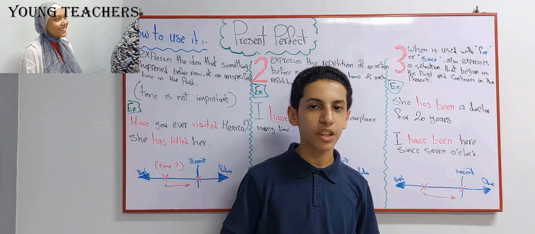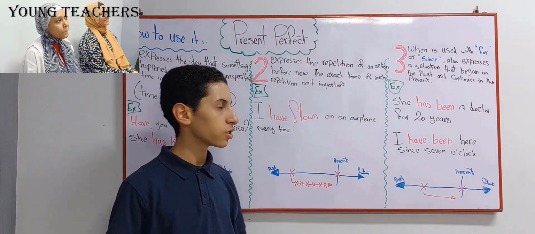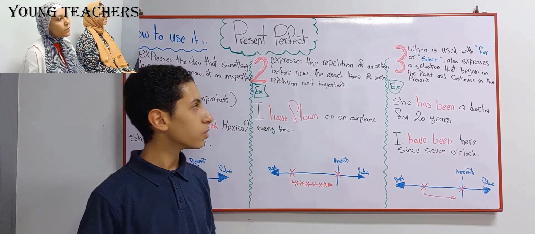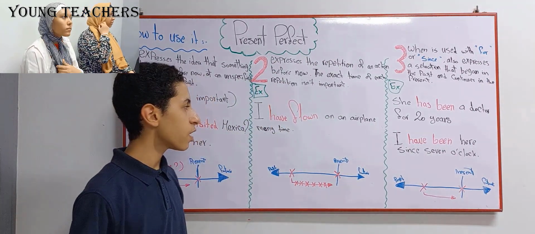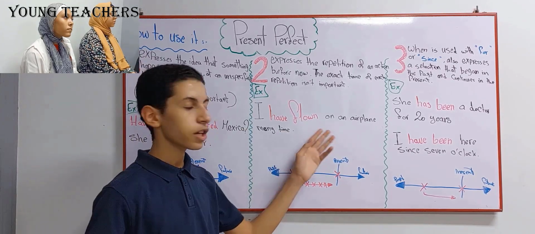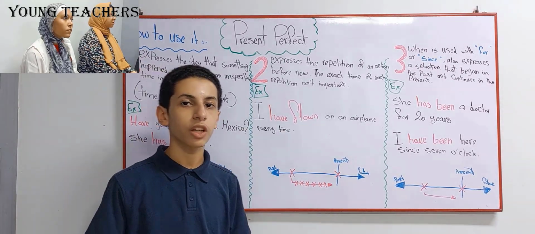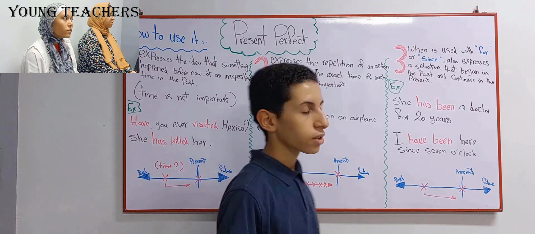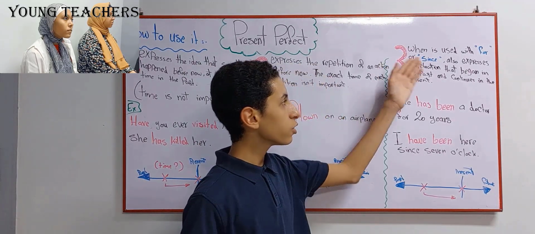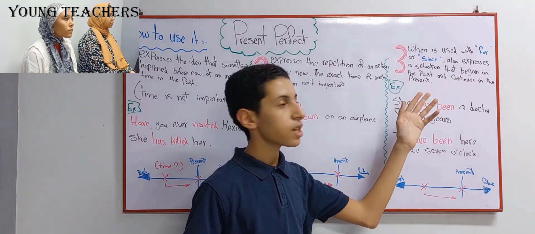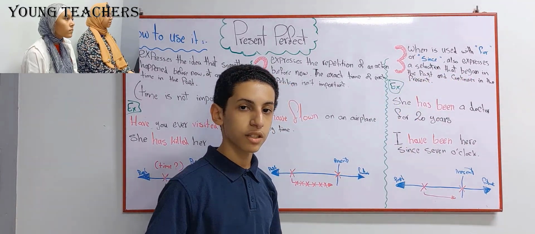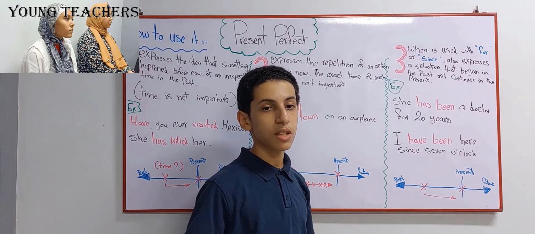The second use expresses the repetition of an action before now, and the exact time of each repetition isn't important. For example, I have flown on an airplane many times. The last use is when it's used with for or since; it also expresses a situation that began in the past and still continues in the present.